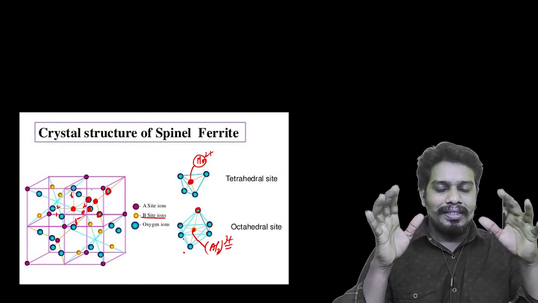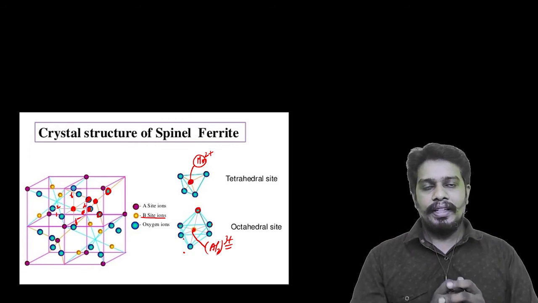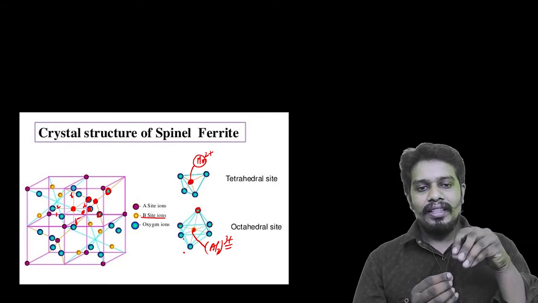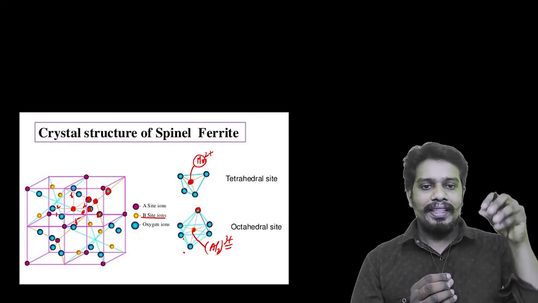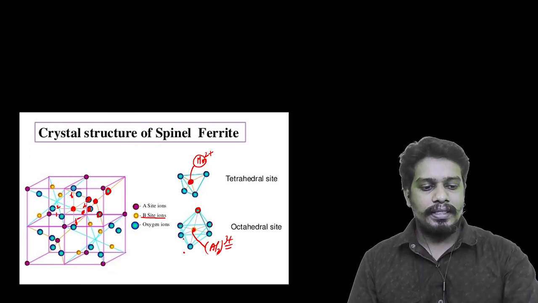So in general, there are 6 anions surrounding the octahedral void. So that octahedral void is occupied by the trivalent metal ion in the spinel structure. So these are a few basics about the spinel structure of the ferrite.